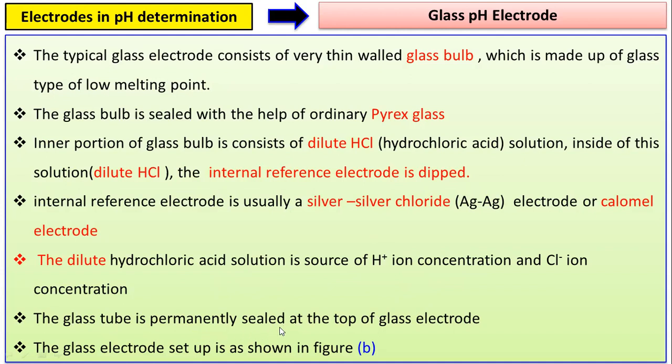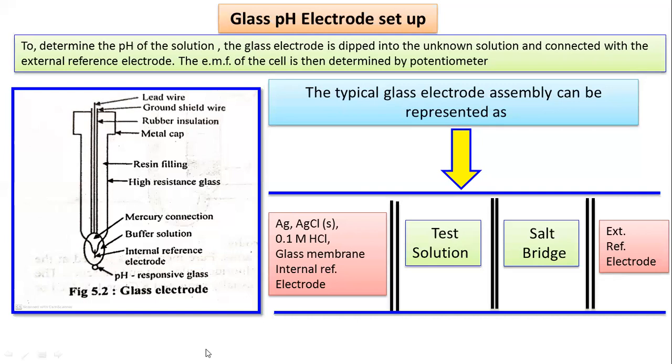The glass tube is permanently sealed at the top of the glass electrode. So if you see the glass tube, the top portion will be permanently sealed. The glass electrode setup can be seen here. We can see the typical glass electrode. Here the pH responsive glass is shown.